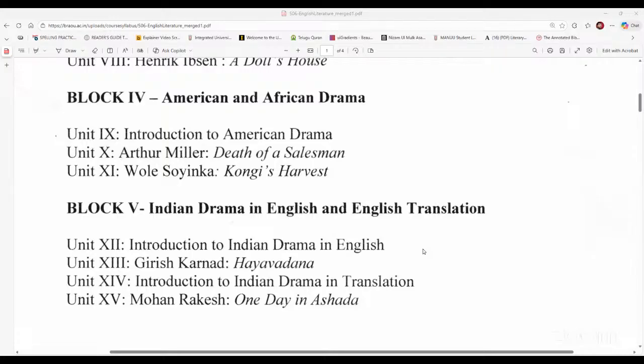And after that brief overview, there's one drama that we are going to take up for detailed study, Mohan Rakesh's One Day in Ashadha. So, dear students, this is a brief overview of the whole course, that is English drama, that I tried to present before you.